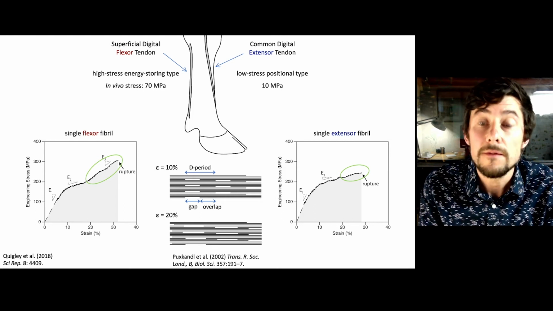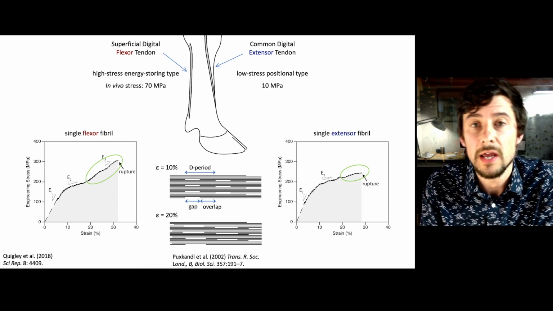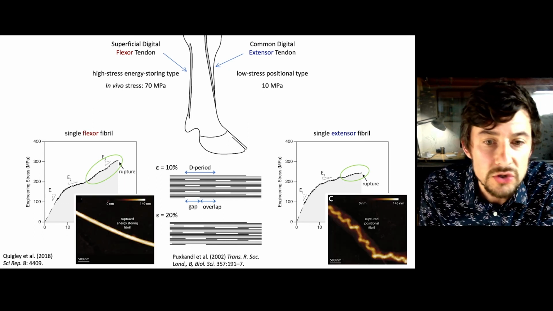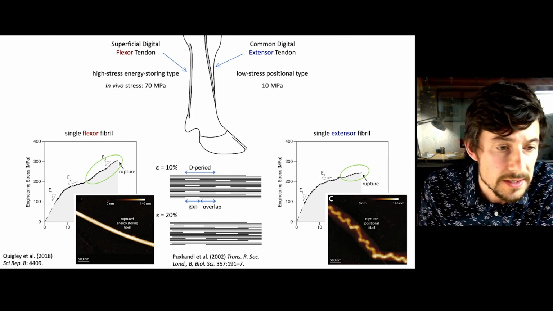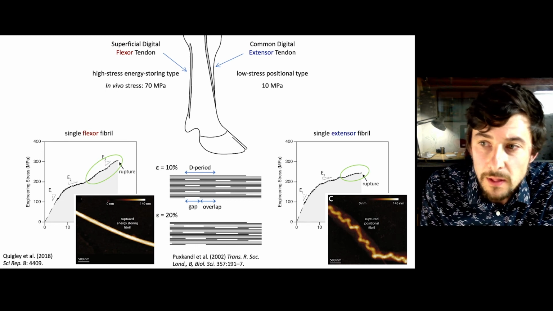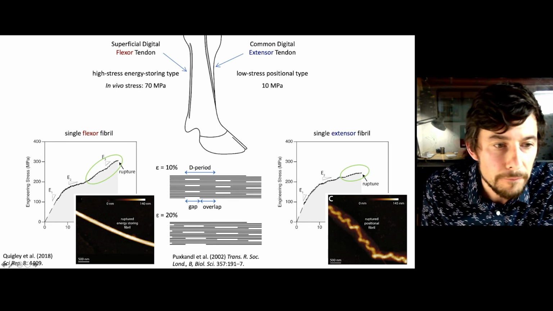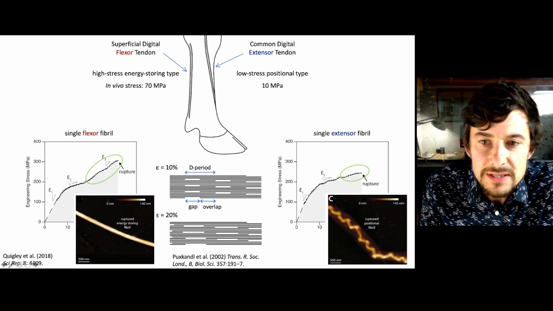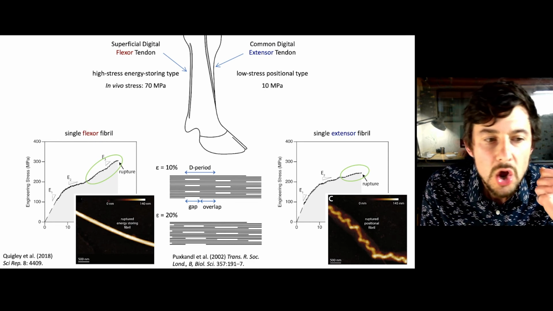Now, when you take the fibrils after testing, after they've fractured, and re-image them with AFM, you see pretty dramatic differences in the rupture morphologies. So the limited molecular sliding of the flexor fibrils really seems to lead to a brittle type fracture.